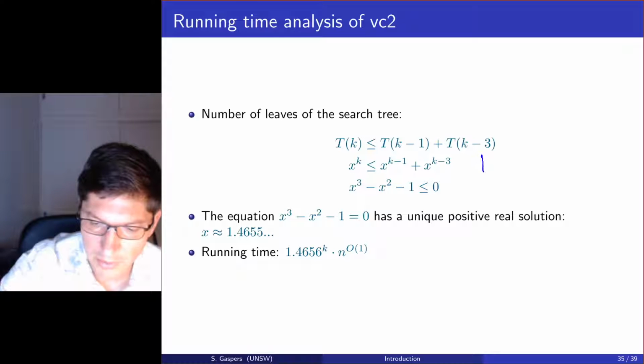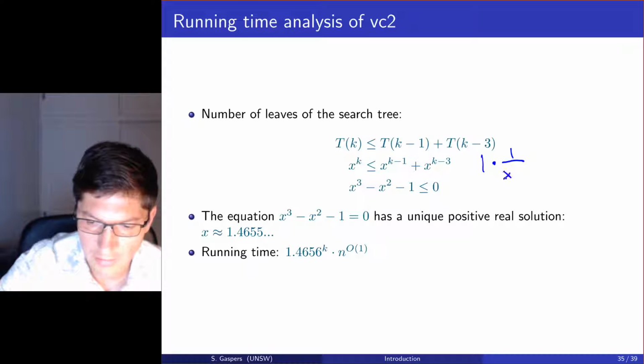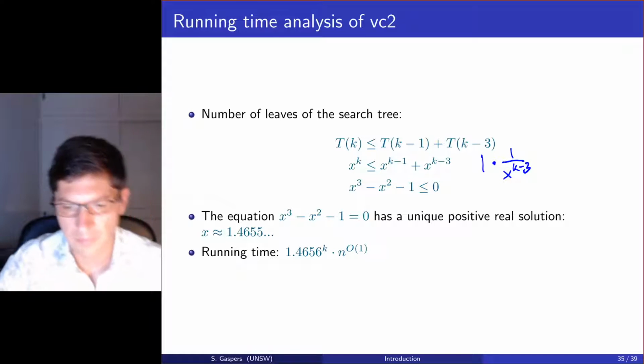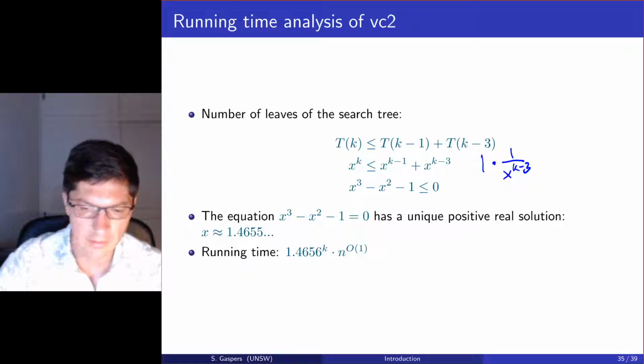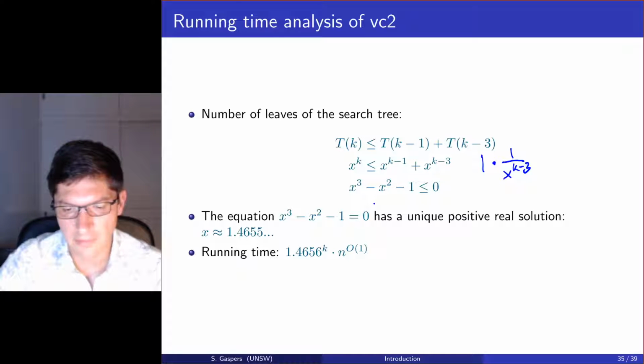Now what I'm doing here is I divide everything by x to the power k minus 3. And then I get x to the power 3 on the left, and what was on the right, I take it to the left, so we get a minus x squared minus 1 should be at most 0.